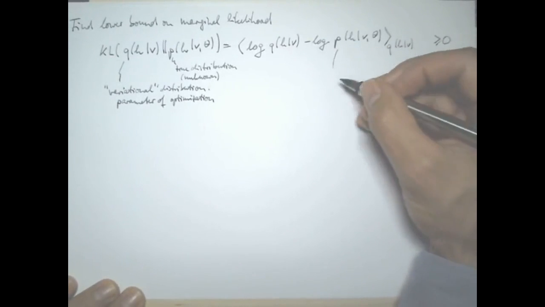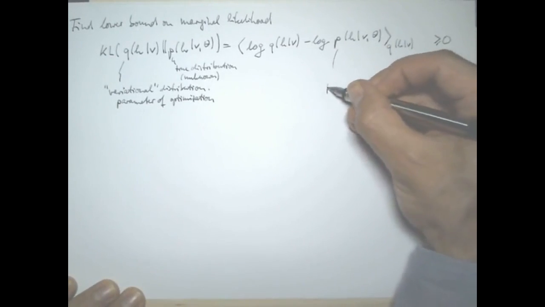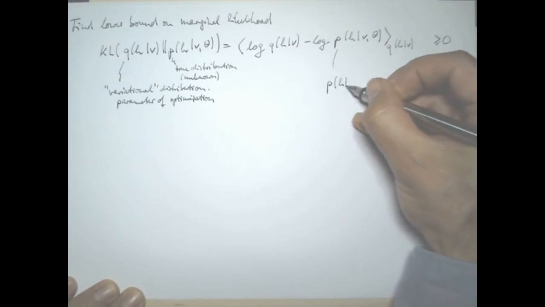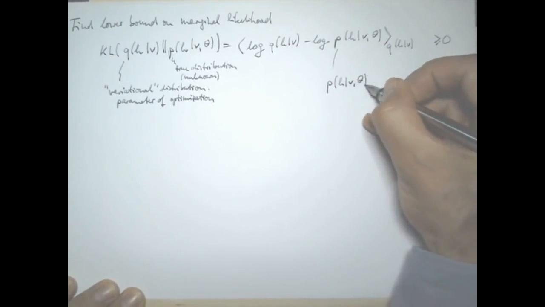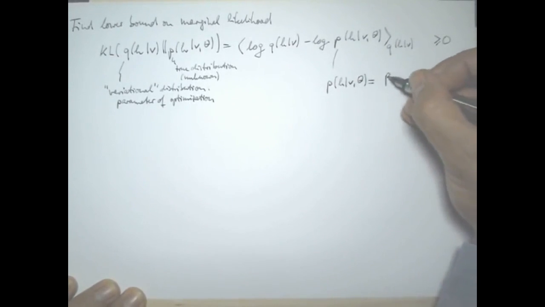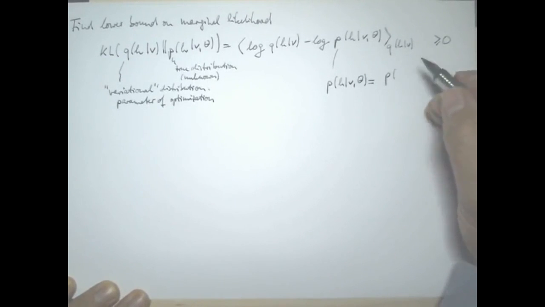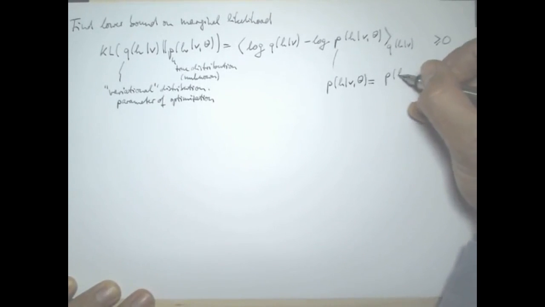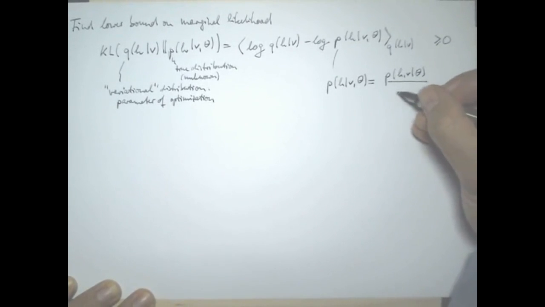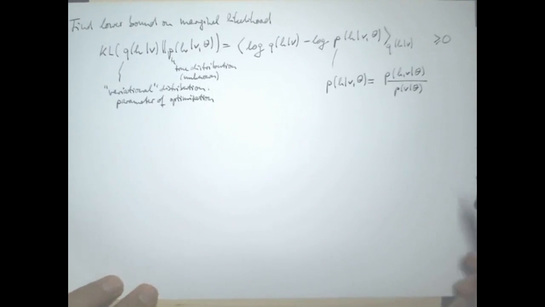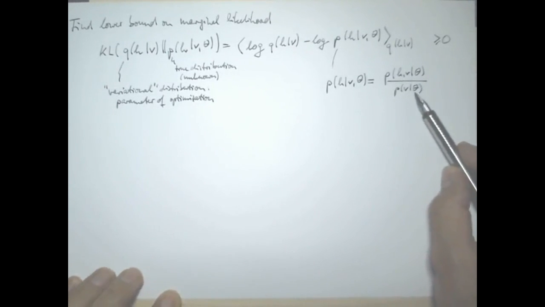So we know that in general the conditional is given by the joint divided by the marginal. If you multiply with the denominator here, you obtain the form that you're perhaps more used to seeing.